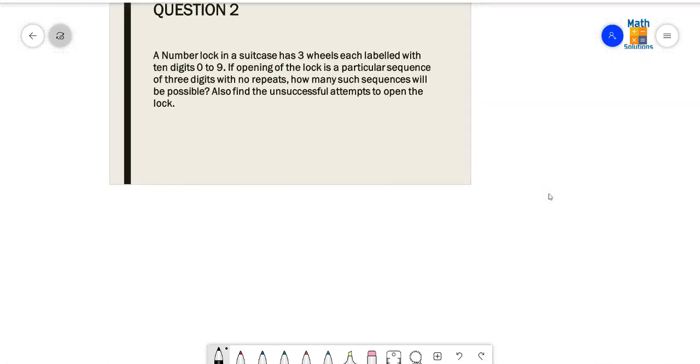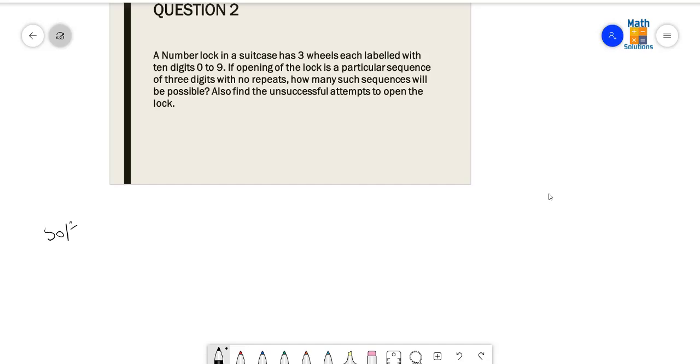Now coming to the solution part, what shall we write here. In this case, first of all, we are going to write how many digits are given here.